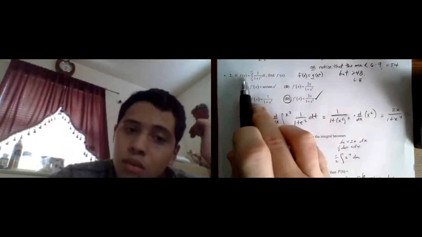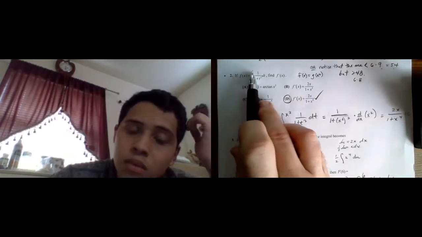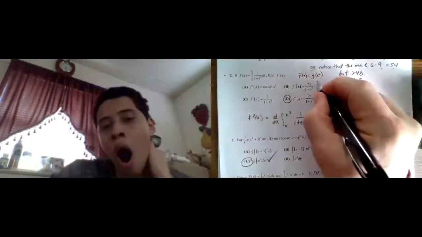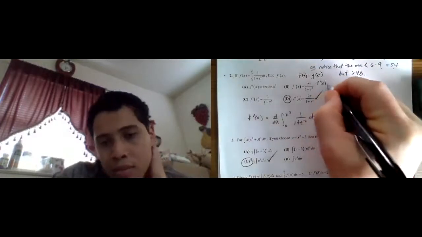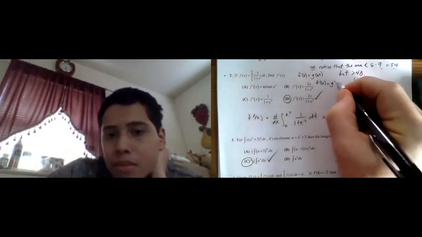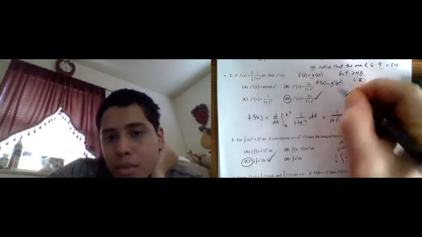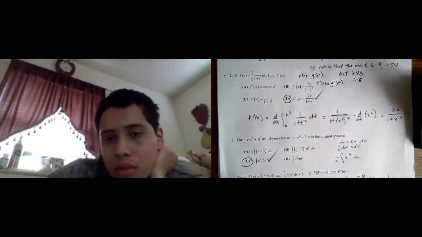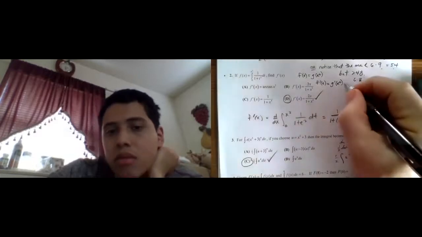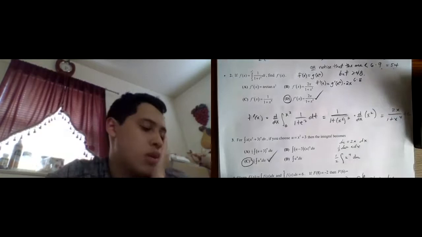Because the x value that's input, well, that's up here, it's being squared first. So when you want to find f prime of x, you're going to find the derivative of the outside function, the g prime of x squared, but then you've got to multiply times the derivative of the inside function, which would be 2x.